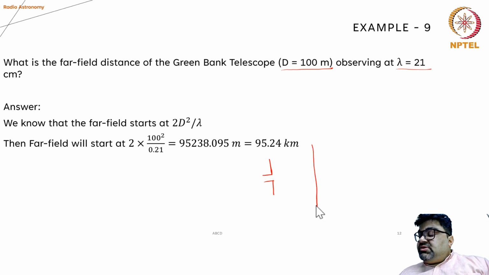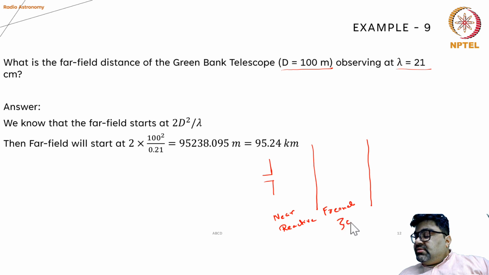We have first zone, which is the near reactive one. We have the second zone, intermediate zone, which is the Fresnel zone. And we have the third zone, which is the far field, or we also call it Fraunhofer zone.